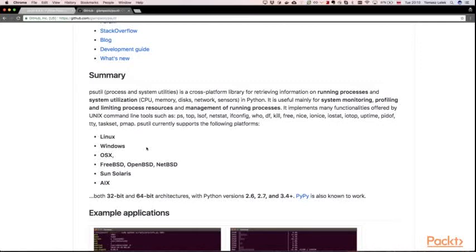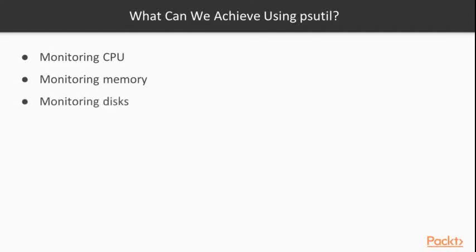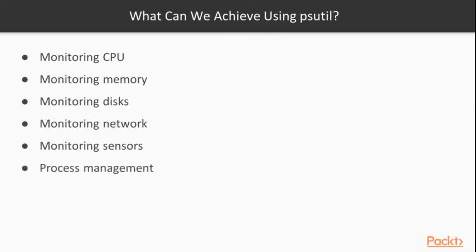We can just create a Python program that will be translated to the specific platform, and that is hidden from us. So let's see what we can achieve. We can monitor CPU, memory, disk consumption, network, and sensors accessed in our computer, and we can also perform all process management tasks.